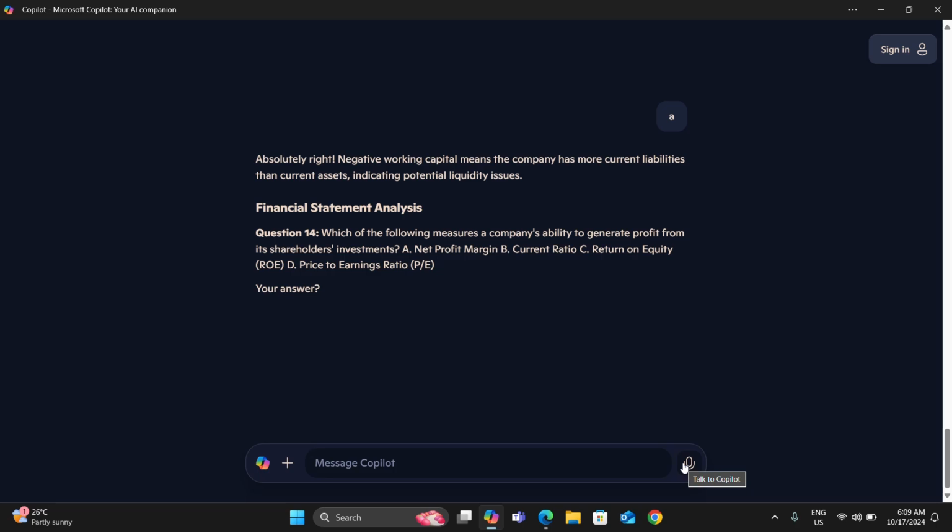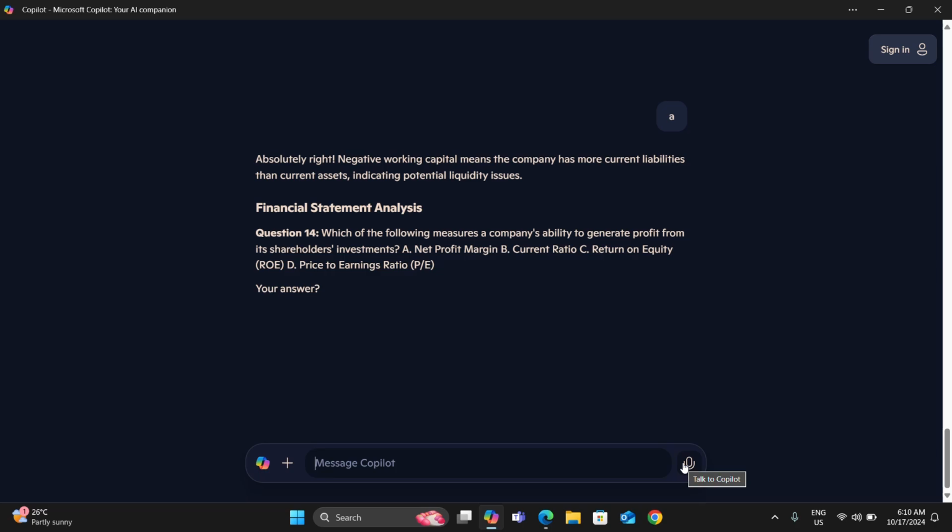Which of the following measures a company's ability to generate profit from the shareholders' investments? Net profit margin, the formula for this one is net profit over sales. Because if we say net profit margin, what's in its name is the numerator. So in that case, net profit is the numerator. And if you see margin, it's always over sales.